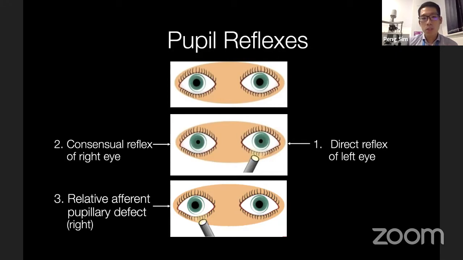Other pathologies that can give RAPDs are either the optic nerve or the retina, especially if it's a widespread retinal issue, like a big retinal detachment or a vein occlusion. So that's pupil reflex. If you see RAPD, always think optic nerve or widespread retinal problems. Okay.